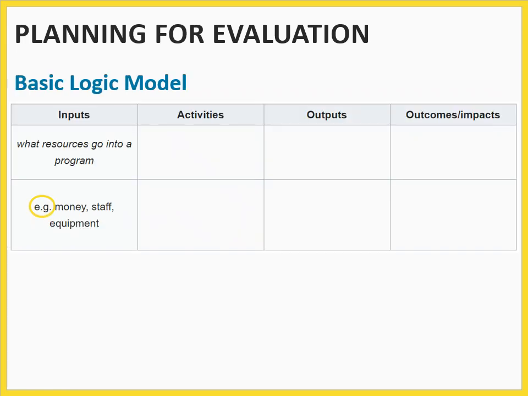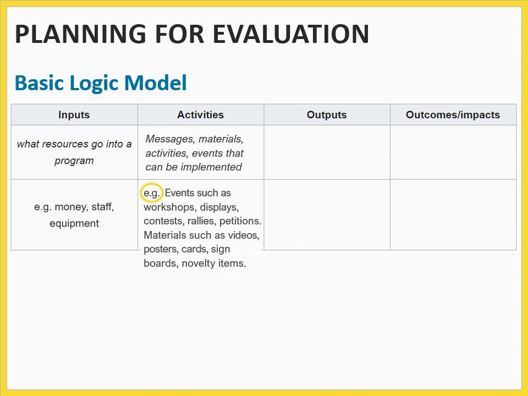Here's a very standard depiction of a logic model. It shows inputs, what resources go into a program. For example, the money you spend, the staff time and capital you direct into the campaign, the equipment you use, and so on. It also shows the activities. Remember, these are the messages, the materials, the activities, the events that will be implemented as part of the campaign.